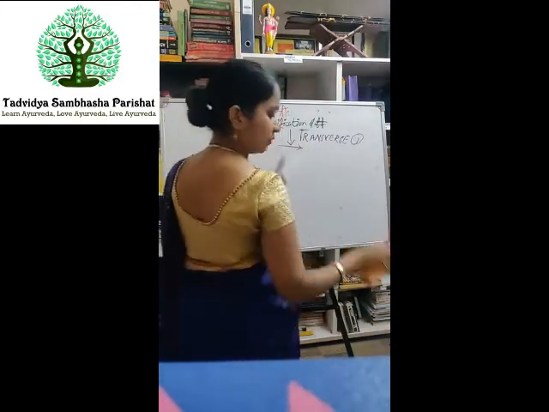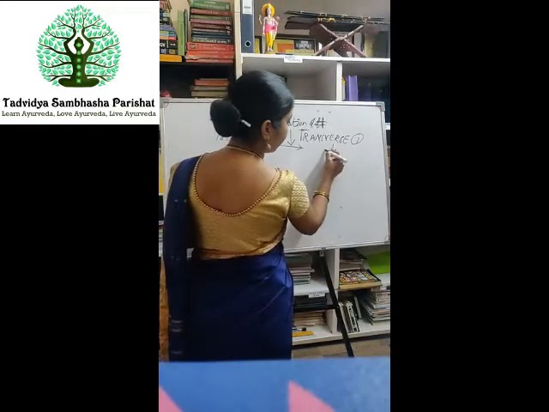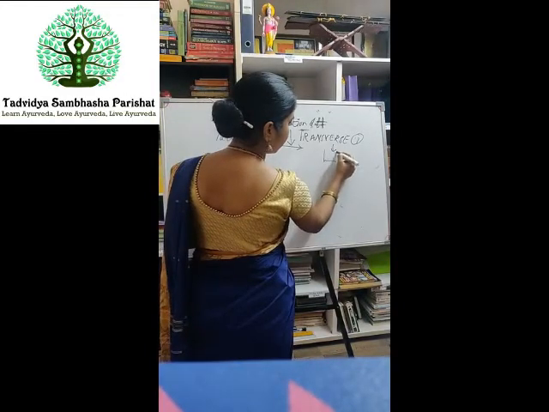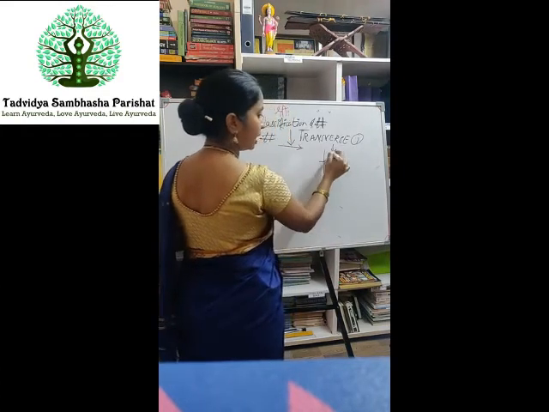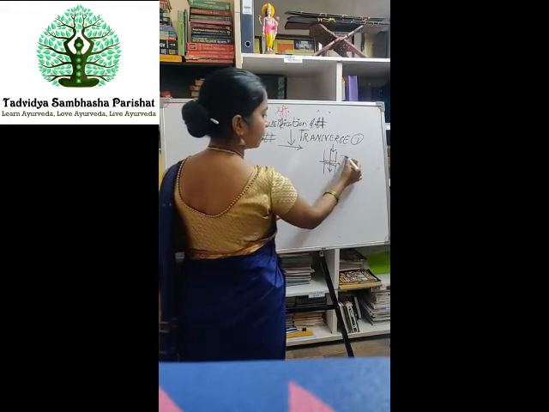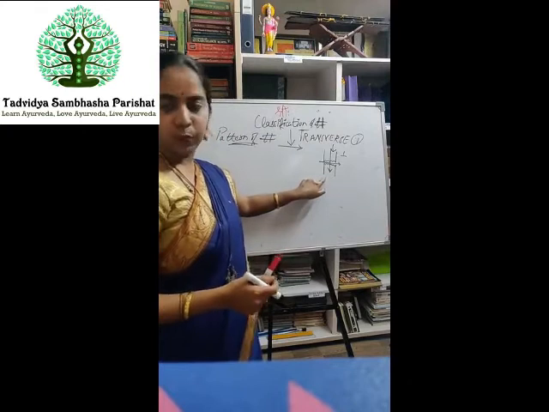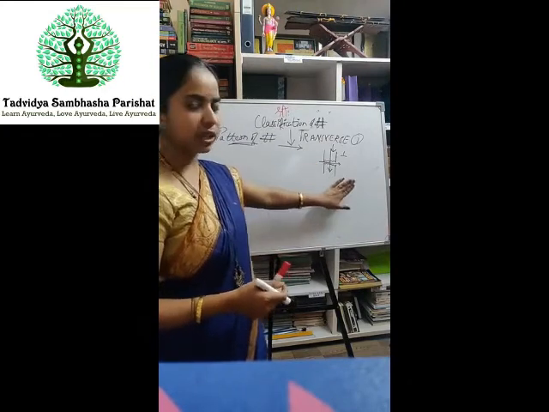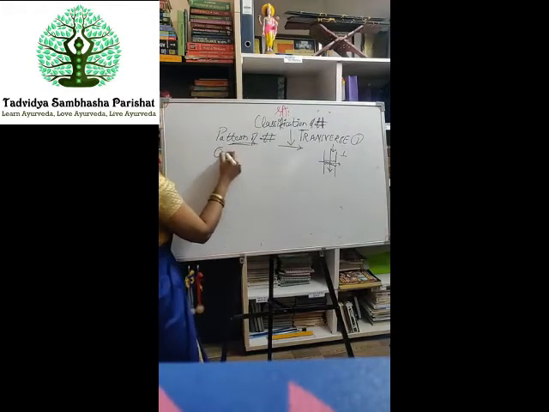So the first one I will be writing here. The first one is transverse fracture, wherein the fracture line is perpendicular to the vertical axis of the bone. So this is called transverse fracture. And the second one is here.